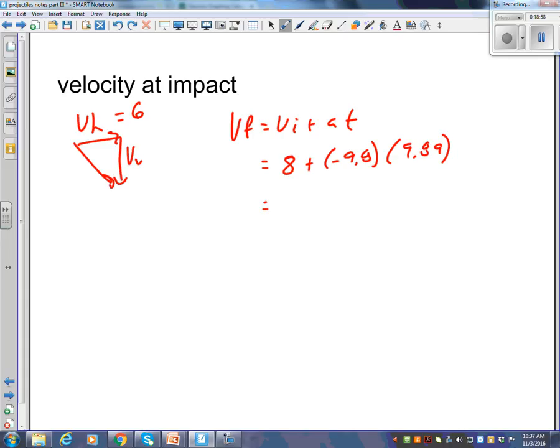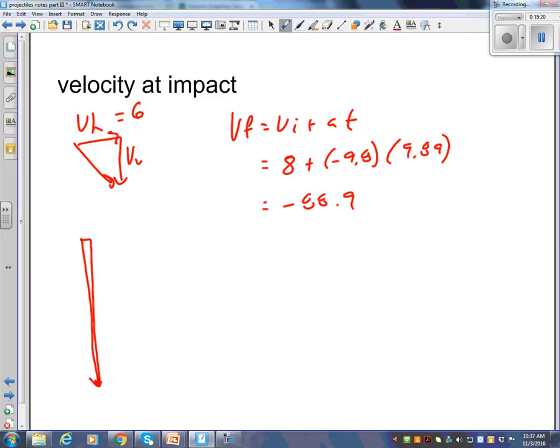I get minus 88.9. If the horizontal is only 6, it's basically just going down, like a tiny 6 and then a great big down. It's going to be almost straight down.